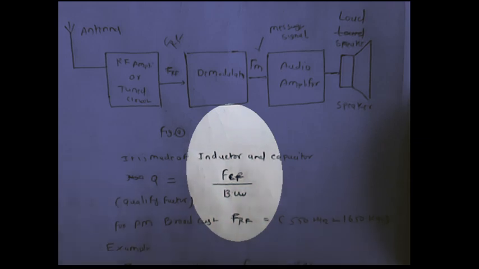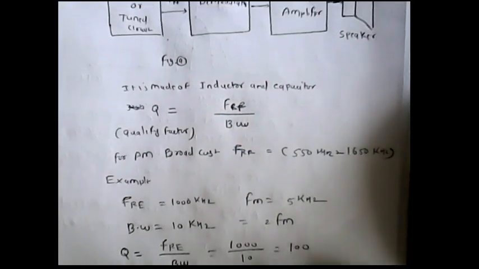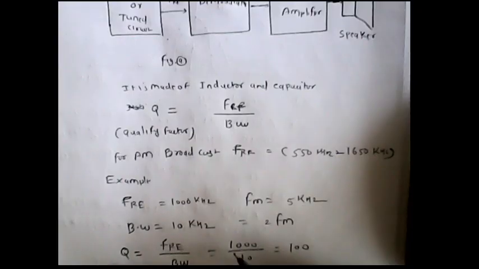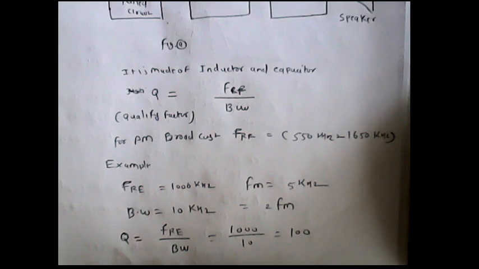Here, for example, if we consider a radio frequency of 1000 kHz and a message signal of 5 kHz, obviously the bandwidth is equal to 10 kHz because the bandwidth is twice the message signal. The quality factor is calculated as radio frequency divided by the bandwidth.